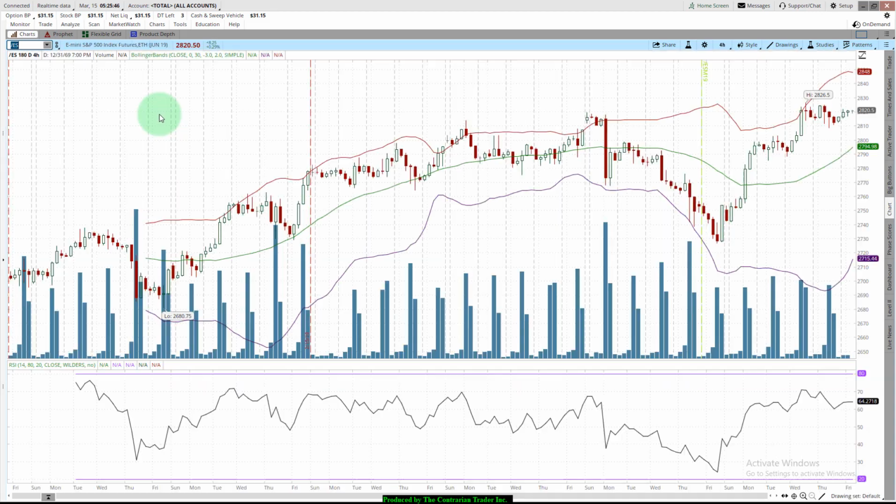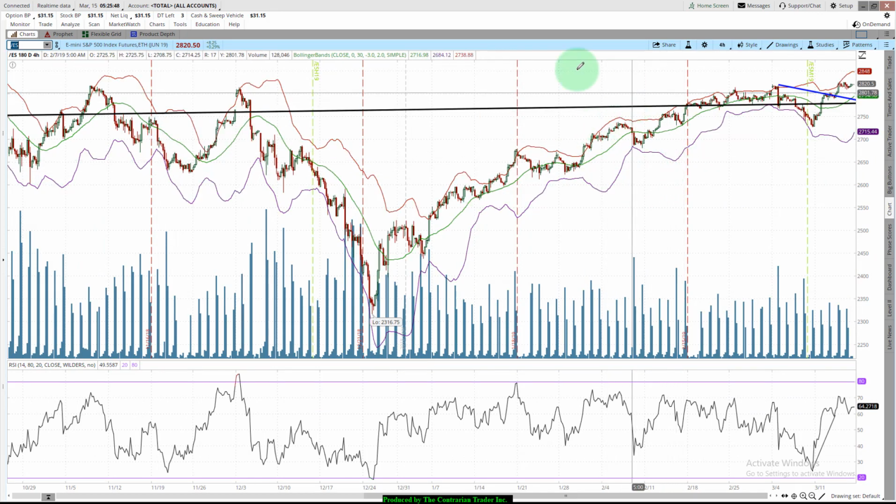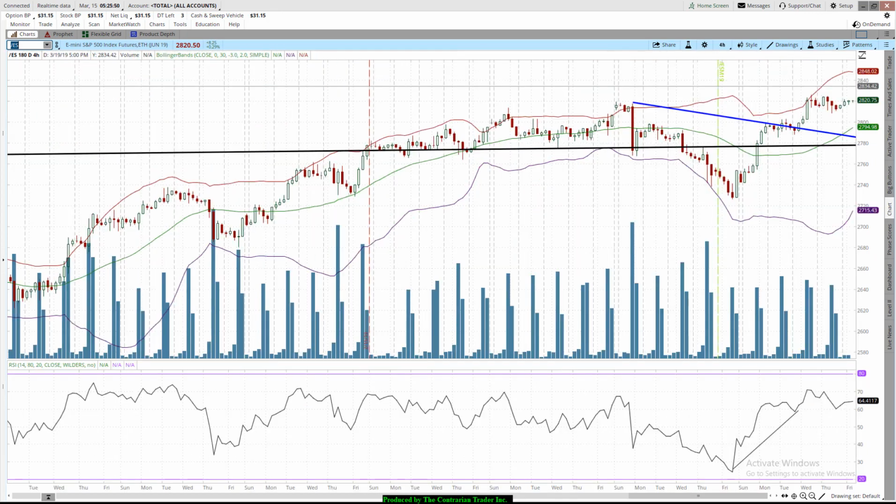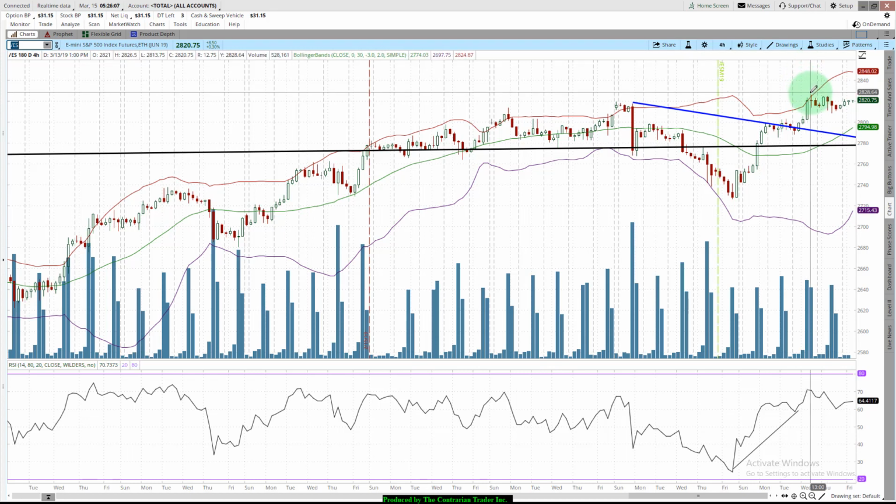The S&P 500, first off, we have a strong morning this morning. No new daily high yet, but we are up about 8.5 points. And what we're looking for here is a continuation move higher.